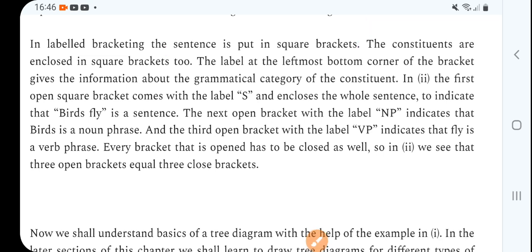The label at the left bottom corner of the bracket gives the information about the grammatical category of the constituents. In the second example, the first open square bracket comes with the label S and encloses the whole sentence. It indicates birds fly is a sentence.